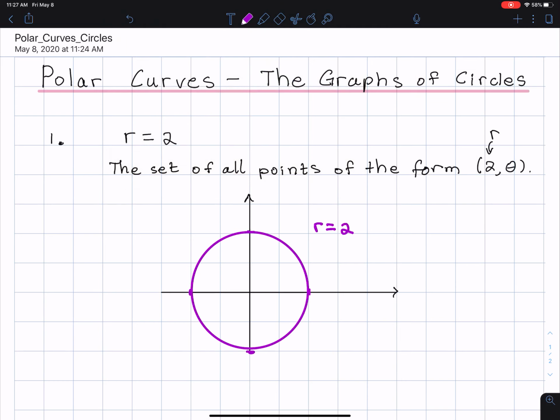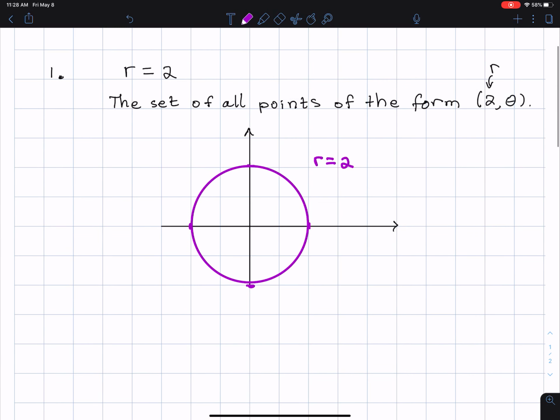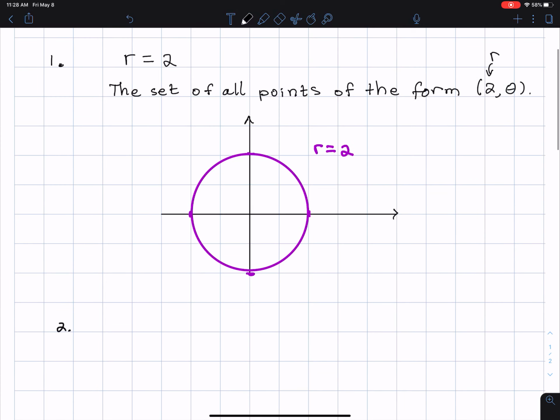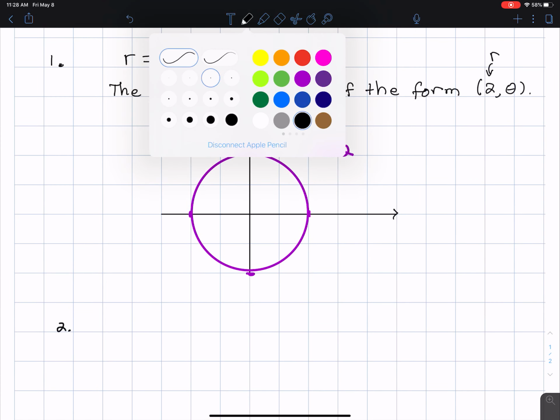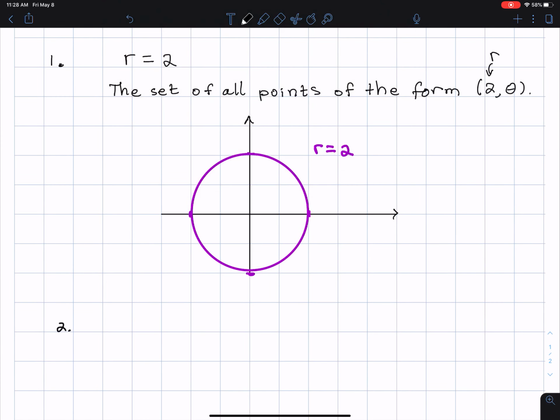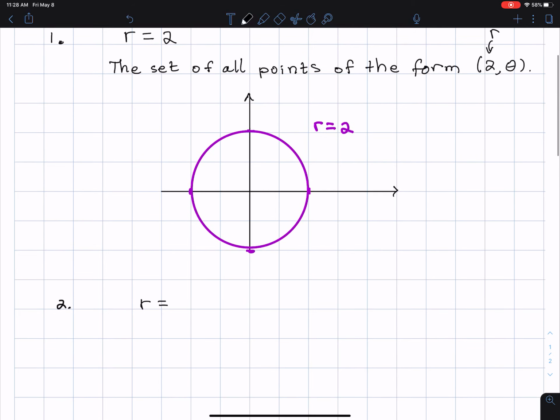Okay, now on to more stuff. Let's look at another form that will give us a circle, and this is an example of that: r equals 2 cosine theta.